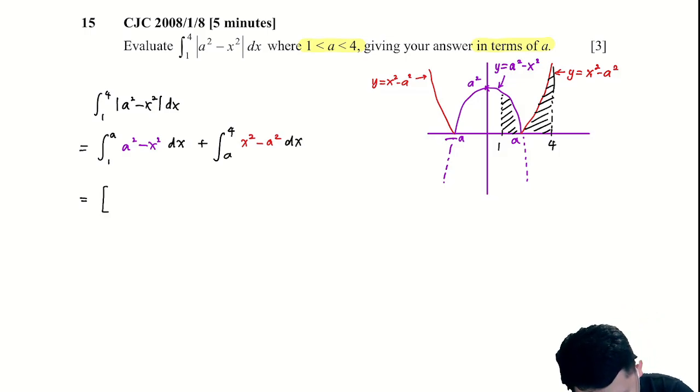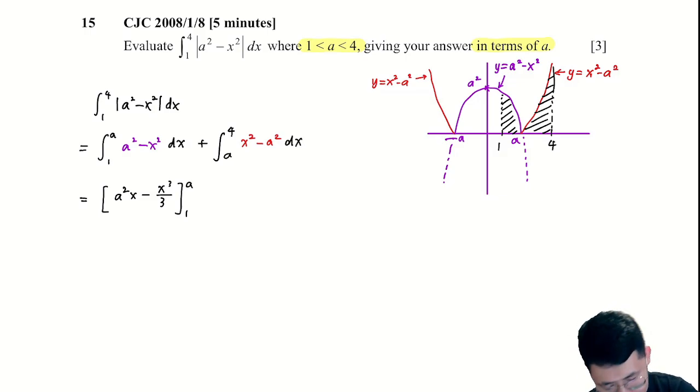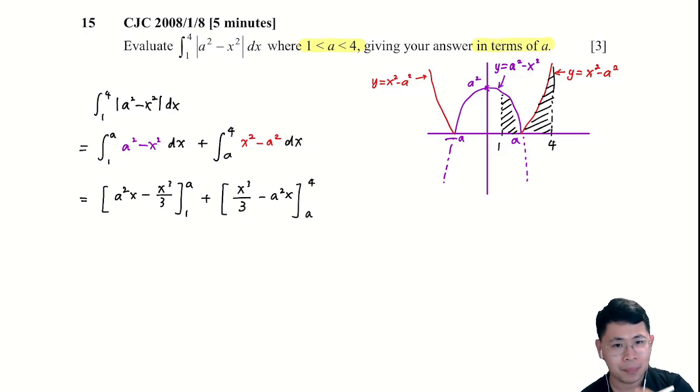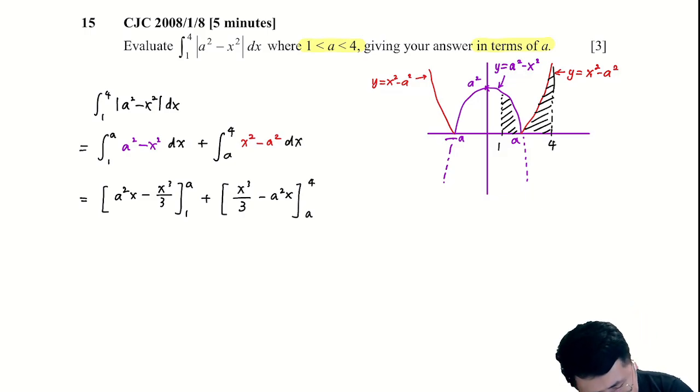Okay, so now let's put our integration to the test. Integrate the first one: a squared x minus x cubed over 3 from 1 to a. Next one over here, x squared, power plus 1 divided by new power, and then minus a squared x. Because a is a constant, so we need to put in the x. Next, let us sub in our a and the other constants.